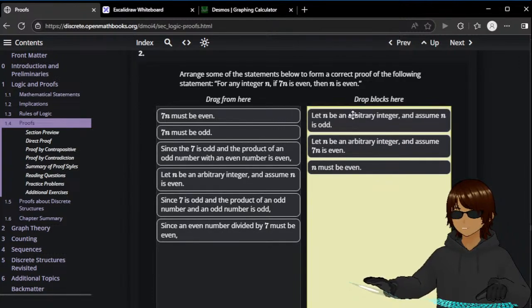Okay, let's try this. Let n be an arbitrary integer and assume n is odd.